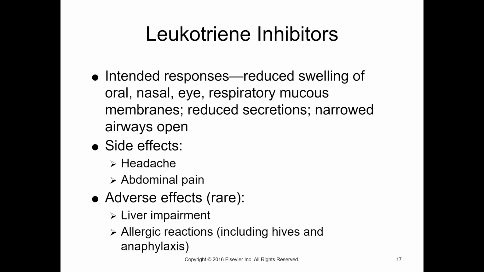Leukotrienes. So these are commonly used in prevention of inflammation related to respiratory mucous membranes. We want to reduce secretions and open up narrowed airways. One of the most common conditions it's used for is asthma.